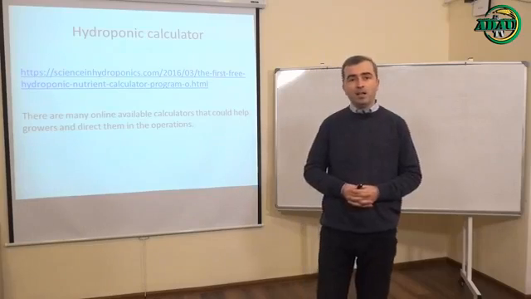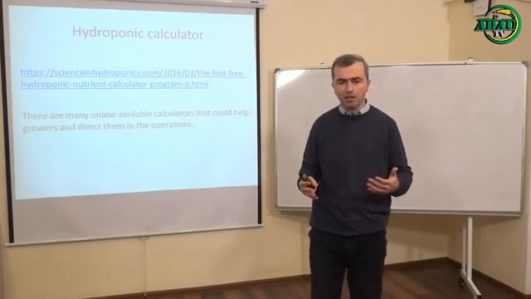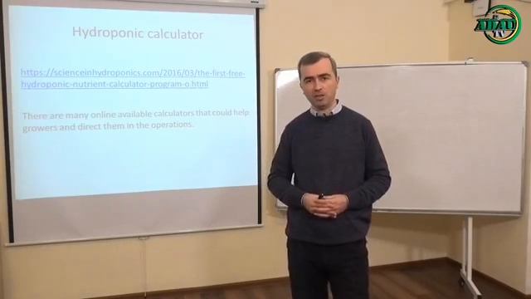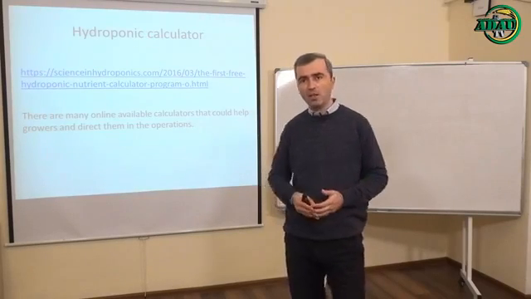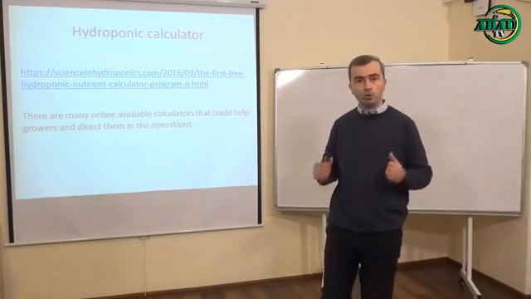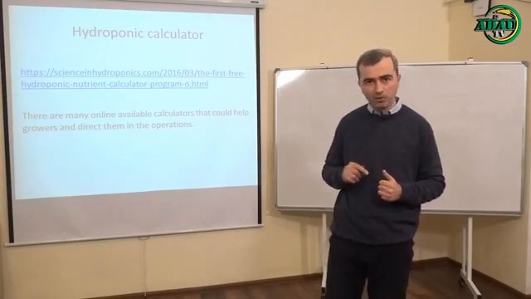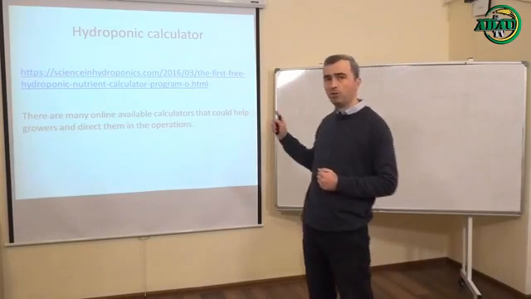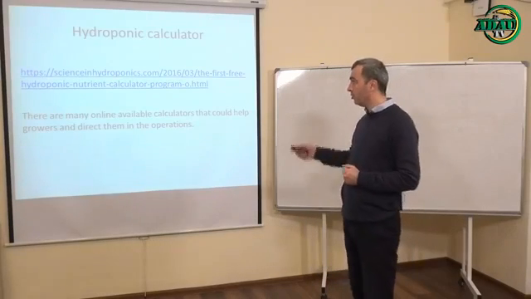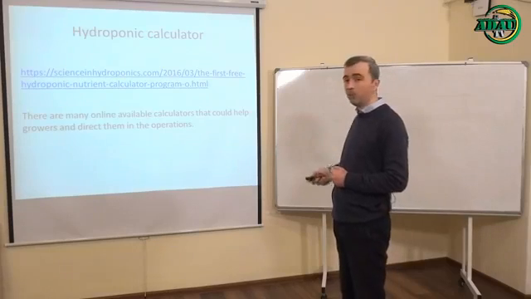So the latest developed system that we could today very easily use in our farms is online hydroponic calculators. You can find this as an app for your mobile phones, and you can also use it online via the internet. I'm presenting to you one example of that kind of hydroponic calculator.